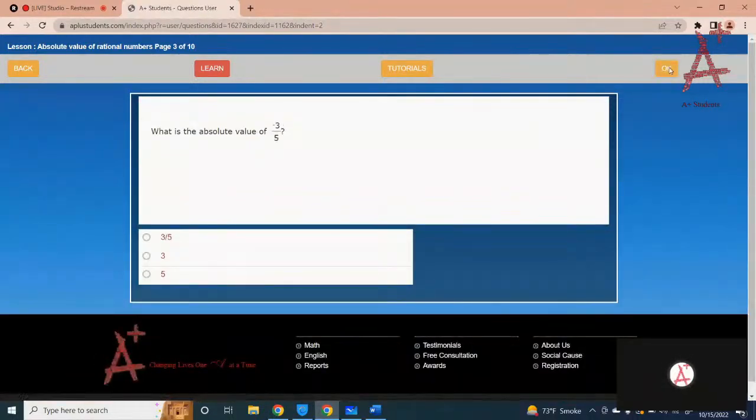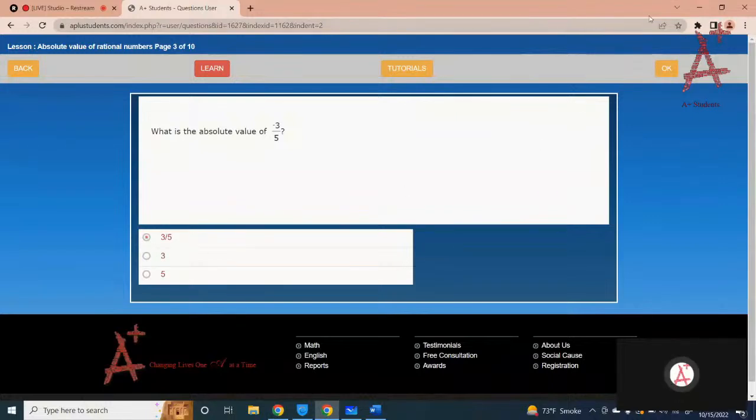Very good. Okay, what is the absolute value of negative 3 by 5? The absolute value of negative 3 by 5 is 3 by 5. Got it? The first option is the correct option.